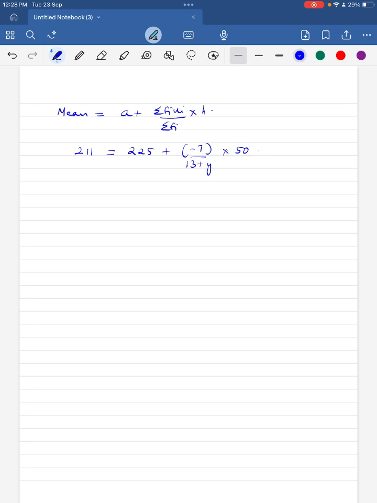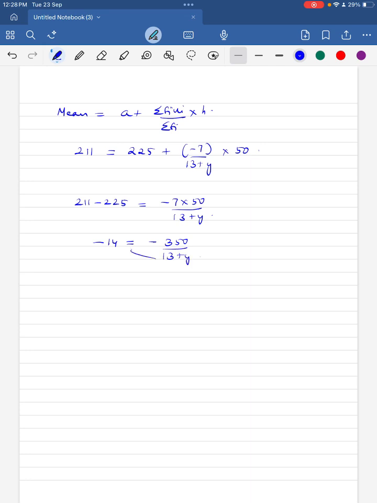So that gives me 211 minus 225 is equal to minus 7 times 50 divided by 13 plus y. Now 225 minus 211 is equal to 14, so negative 14, because 225 is a bigger number. So minus 14 is equal to minus 350 divided by 13 plus y.